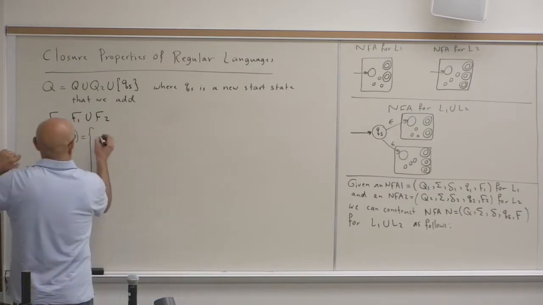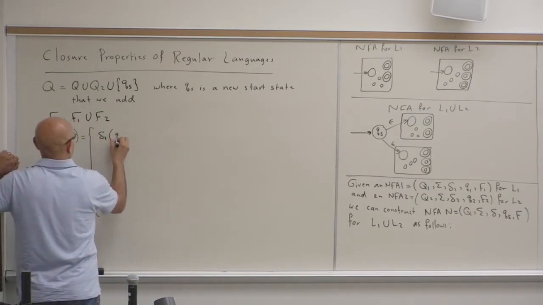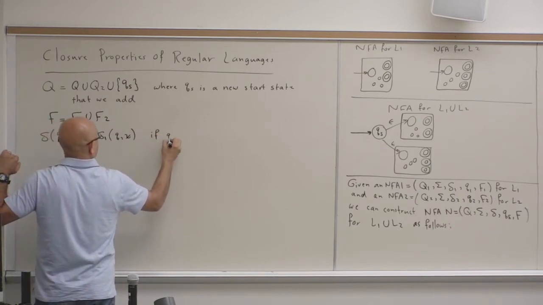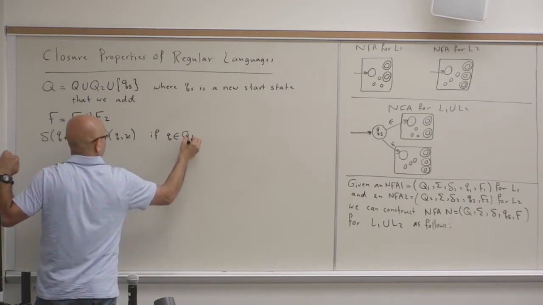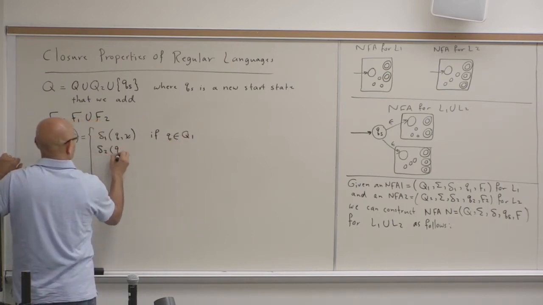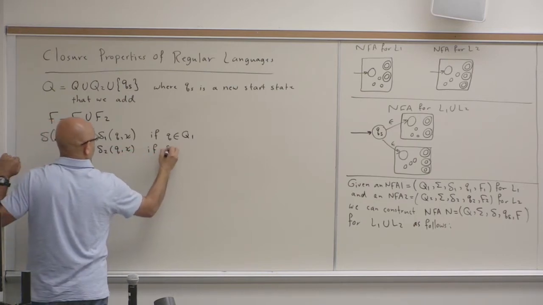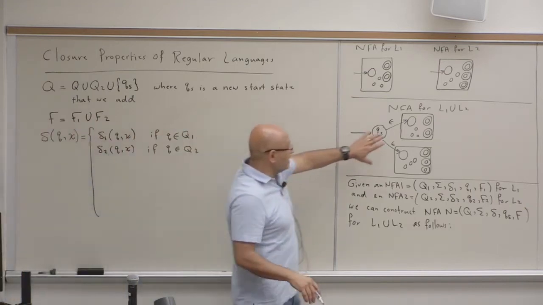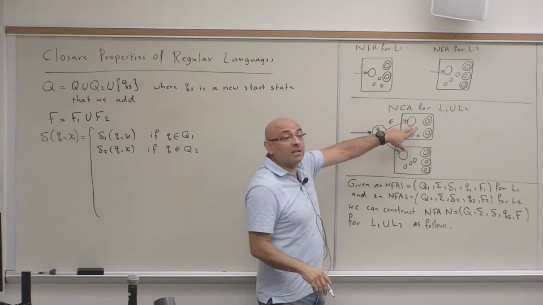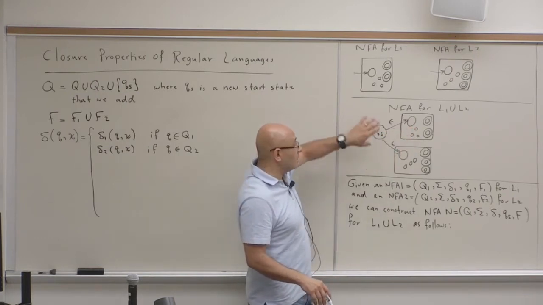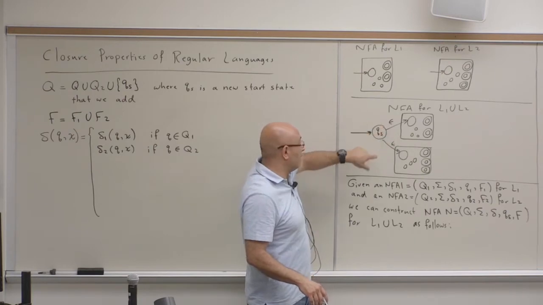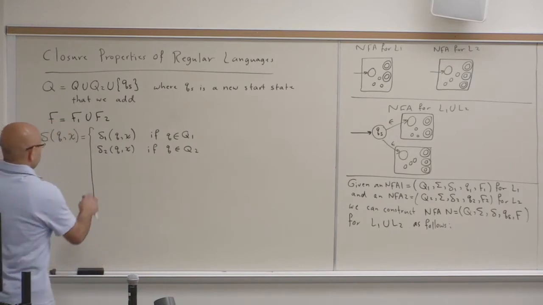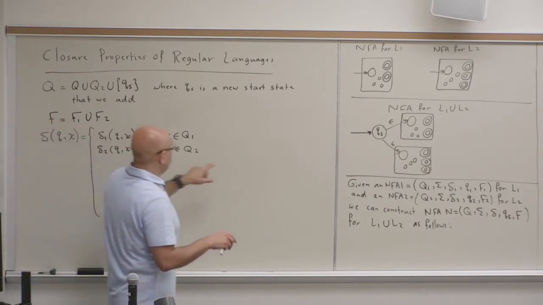So it's going to be delta 1 of Q and X if Q belongs to Q1, and it's going to be delta 2 of Q and X if Q belongs to Q2. So if it's one of the original states, its transitions are not going to change because we did not touch them. We just merged them. We combined them. We connected them with these epsilons. We did not add any new transitions. Okay? And now we have to define delta for QS.